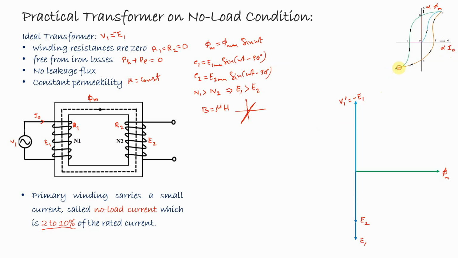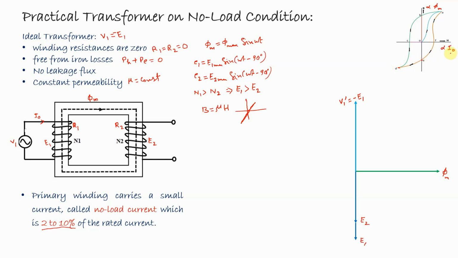If we start from this point, we can see that the current or the magnetic field intensity is gradually increasing from the negative side, because here both the magnetic field intensity and the flux density are negative. From this negative side, it is gradually increasing, and at the E point, the magnetic field intensity becomes zero.